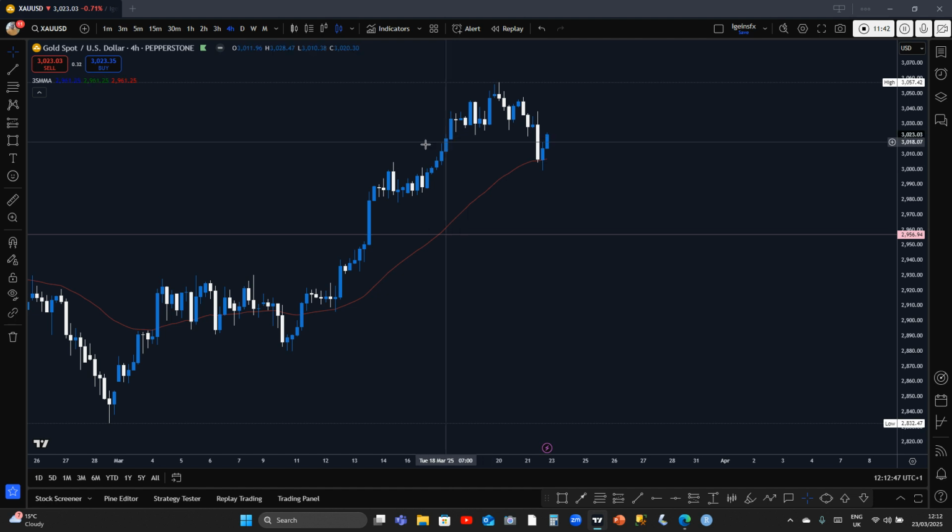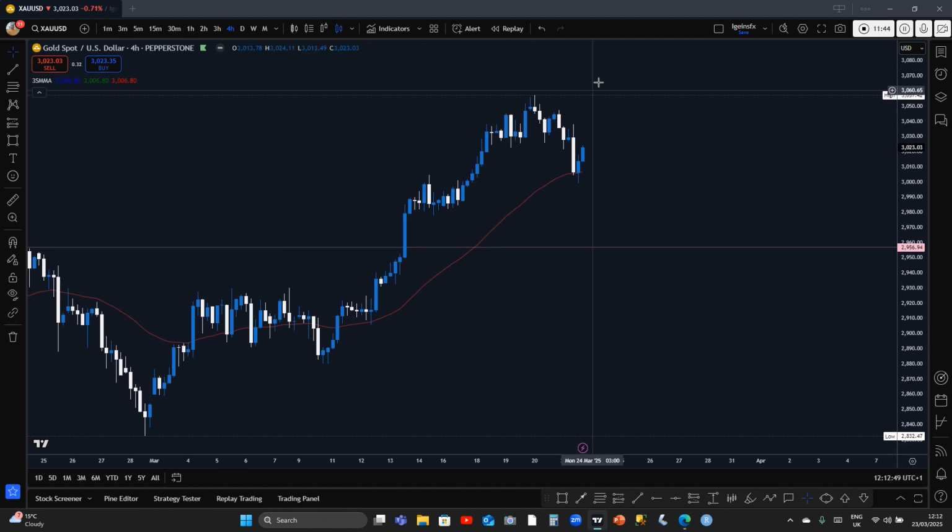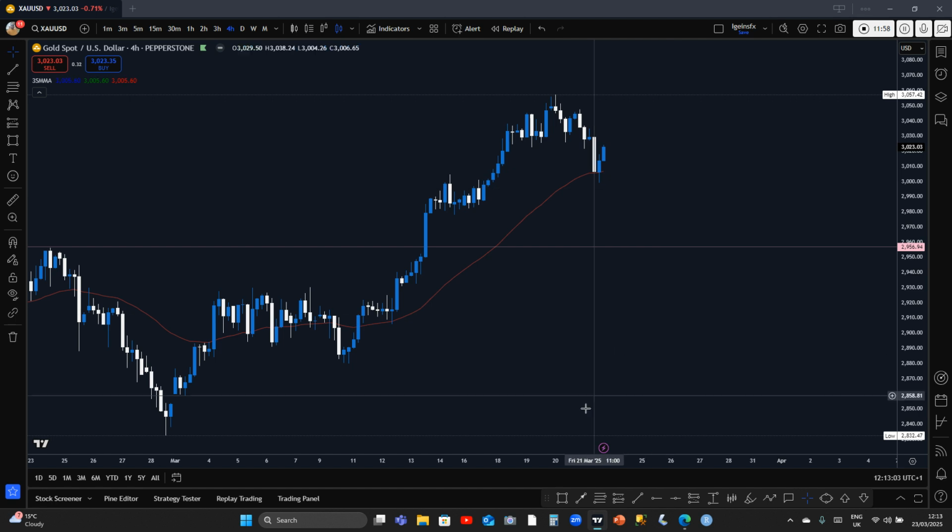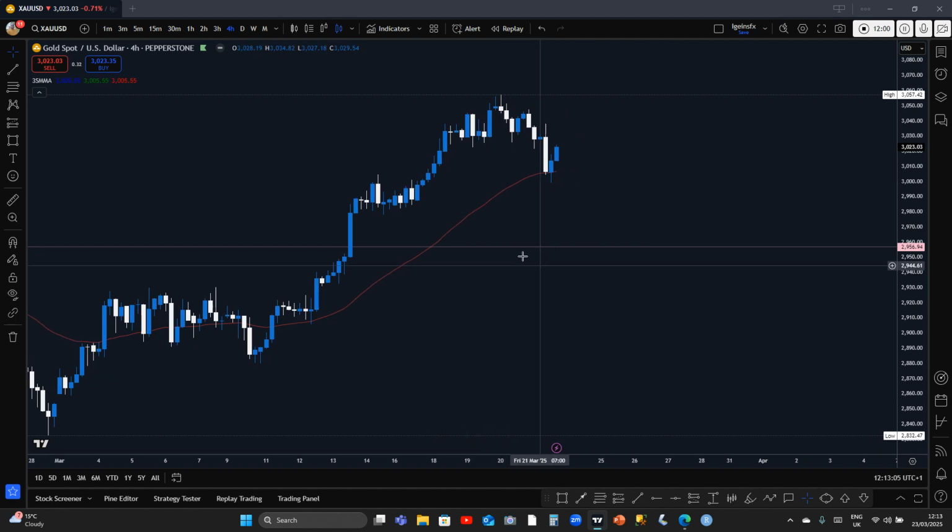At this level, we now saw that there is a pullback. You see price breaking structure to the downside. Now, this is just a market shift, and you now see that price action has started coming to the downside. This is just a retracement.